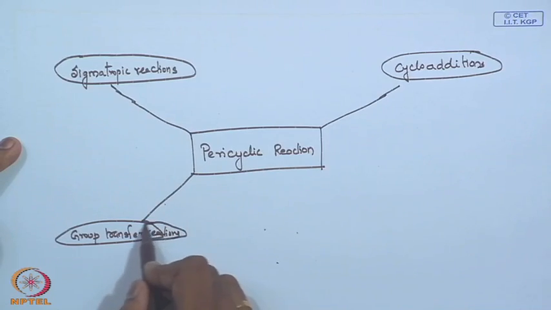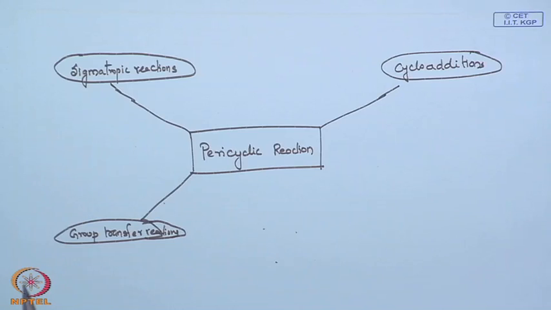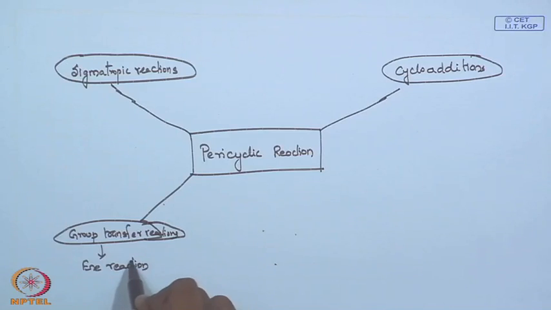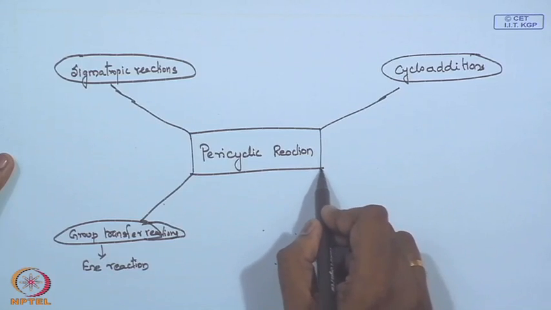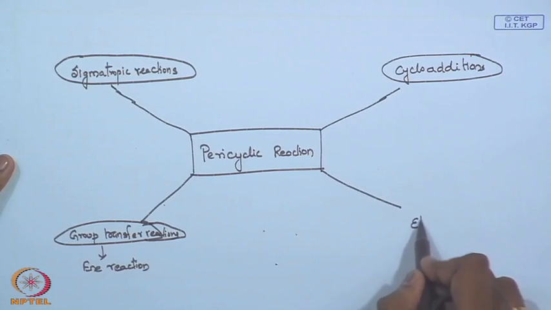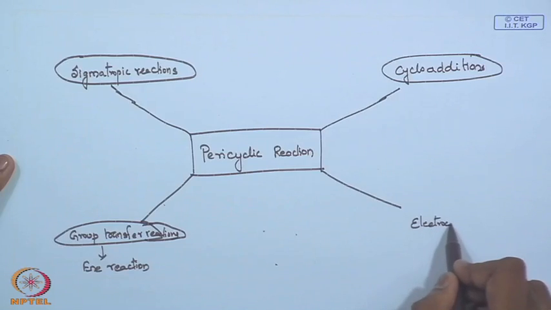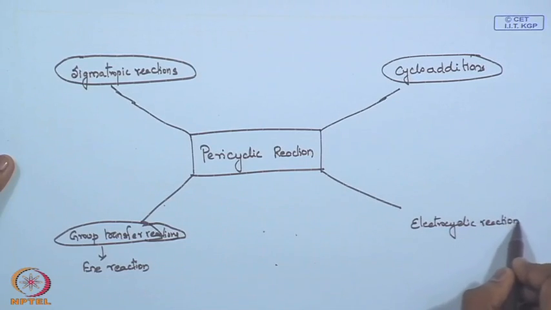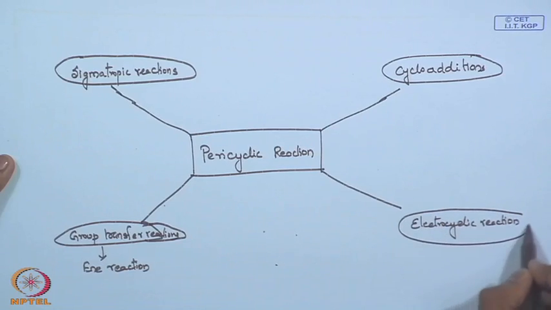We studied group transfer reactions and understood in detail how the Ene reaction works. After studying this, we moved to electrocyclic reactions.